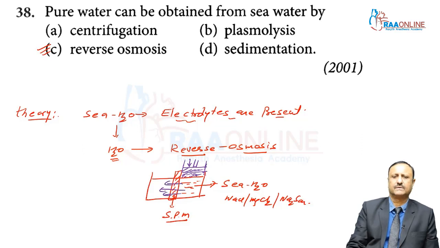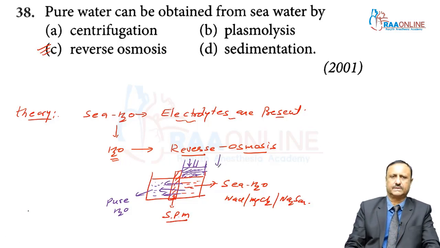So my dear students, water goes through this SPM and you can get the pure water. This type of osmosis is called reverse osmosis, and reverse osmosis is used in purification of seawater. So my dear students, in this question number 38, answer is C.